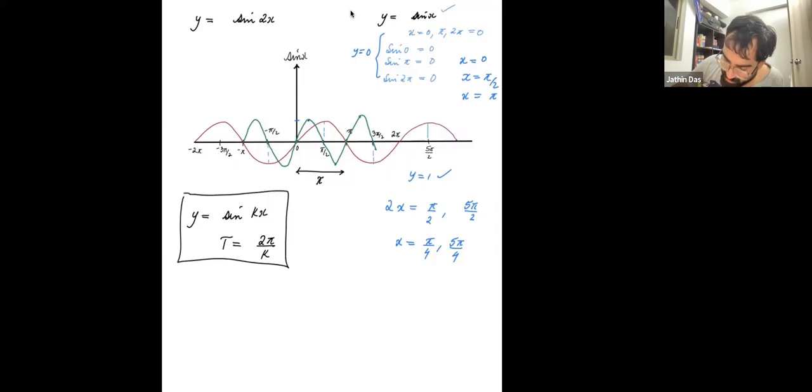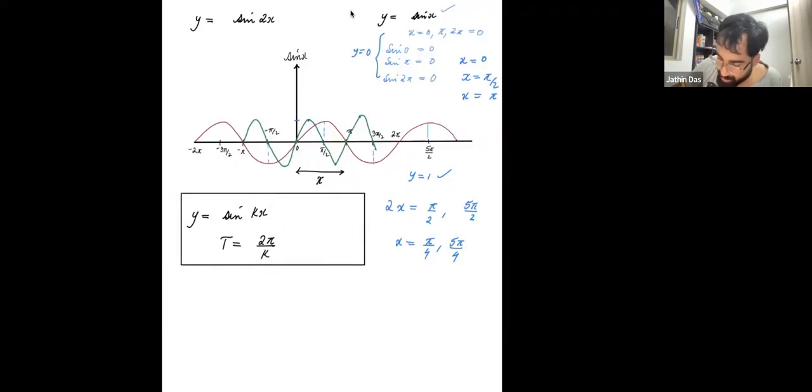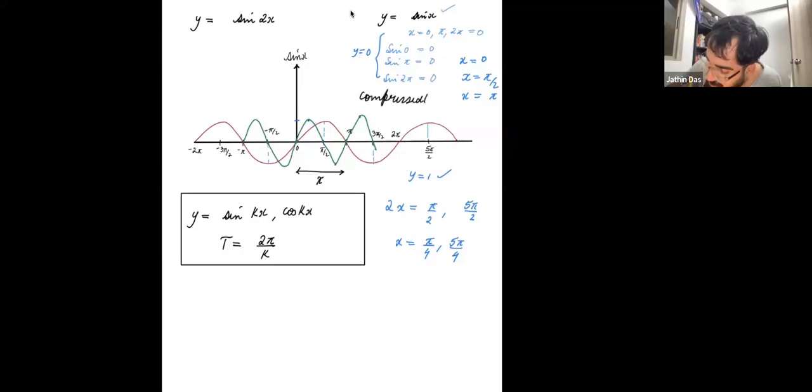Not only for sine, even for cos also it will work. Cos x, cos kx. Tan's period is pi. So for sine kx, cos kx, sec and cosec, this will work. The time period will be divided by that factor k. So it is getting compressed, you can say compressed by half.